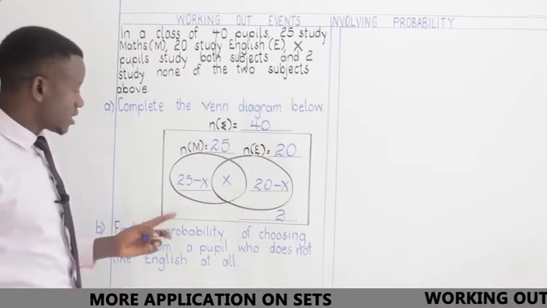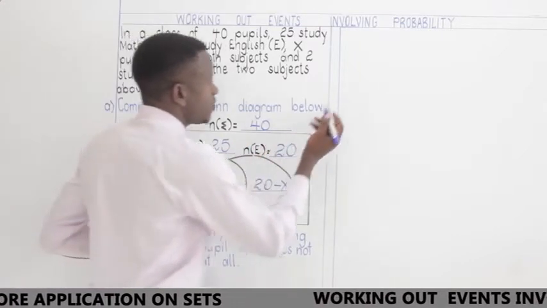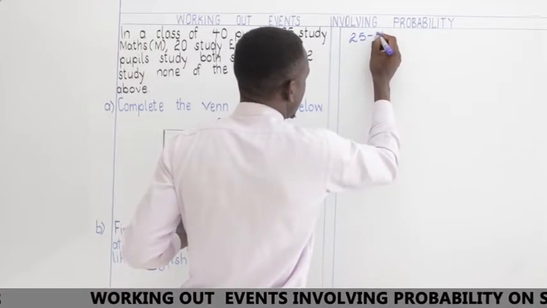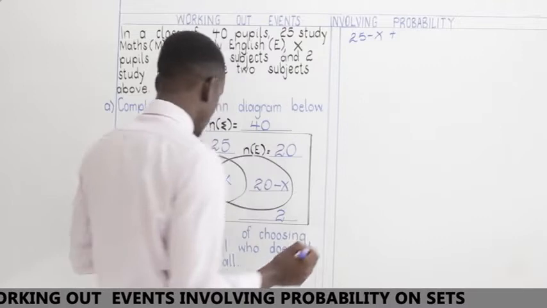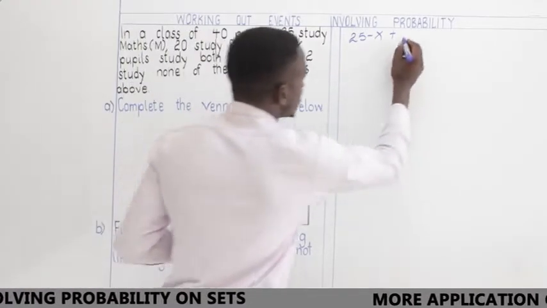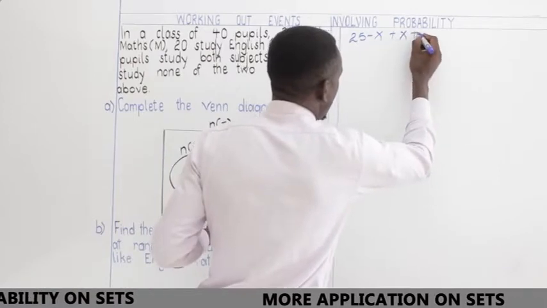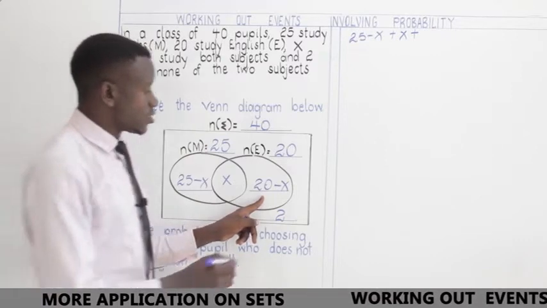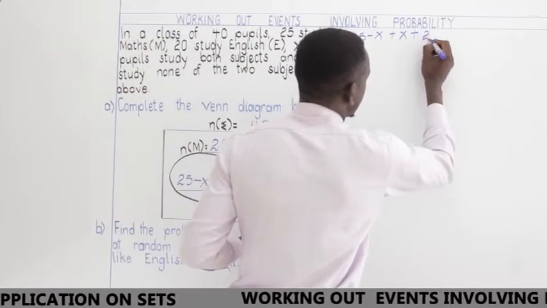So let's make the algebraic expression as 25 minus x, then plus, after adding these ones math only, we got x for both, then plus English only, which is 20 minus x.